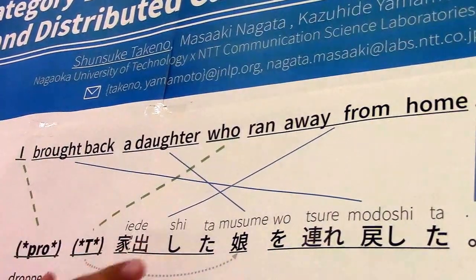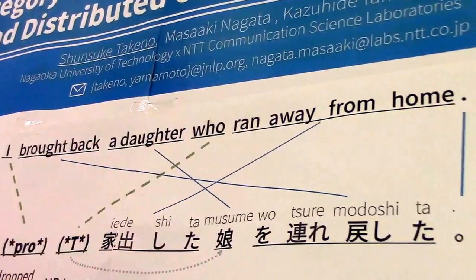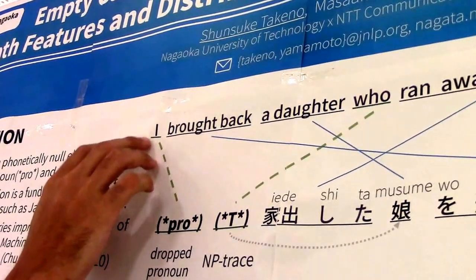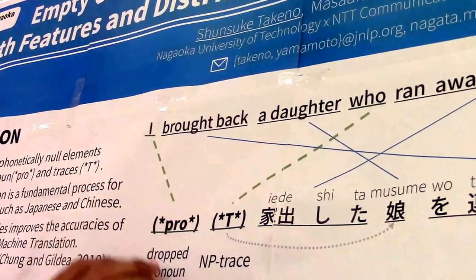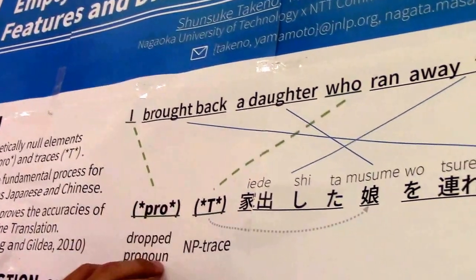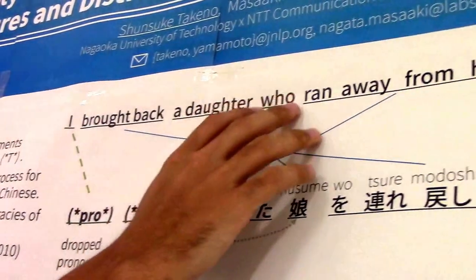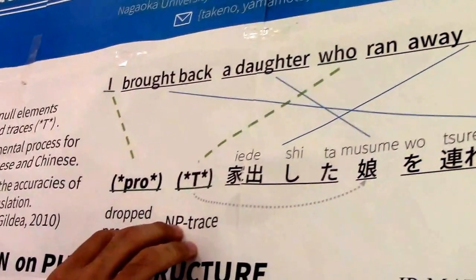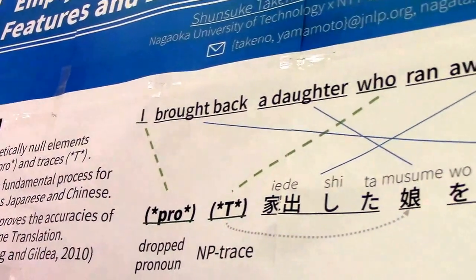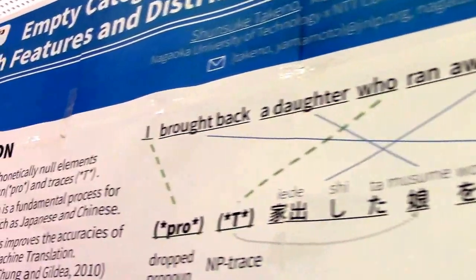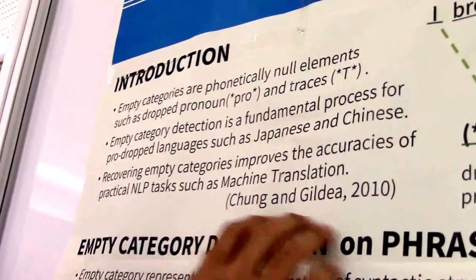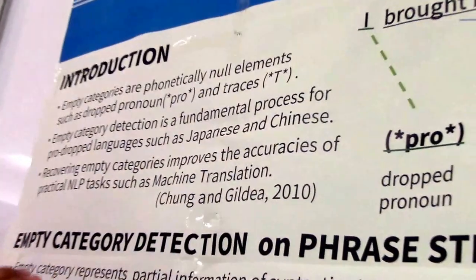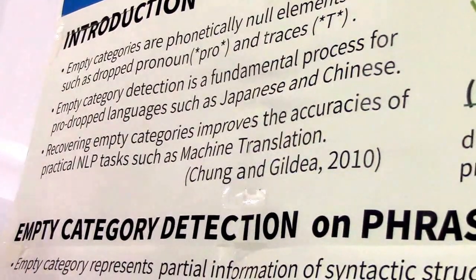In the English sentence, aligned null elements such as a dropped pronoun, and also who in the English sentence is aligned with the NP traces. There are many empty categories in pro-dropped languages. As Chan Guild reported, recovering empty categories improves the accuracies of practical NLP tasks such as machine translation.